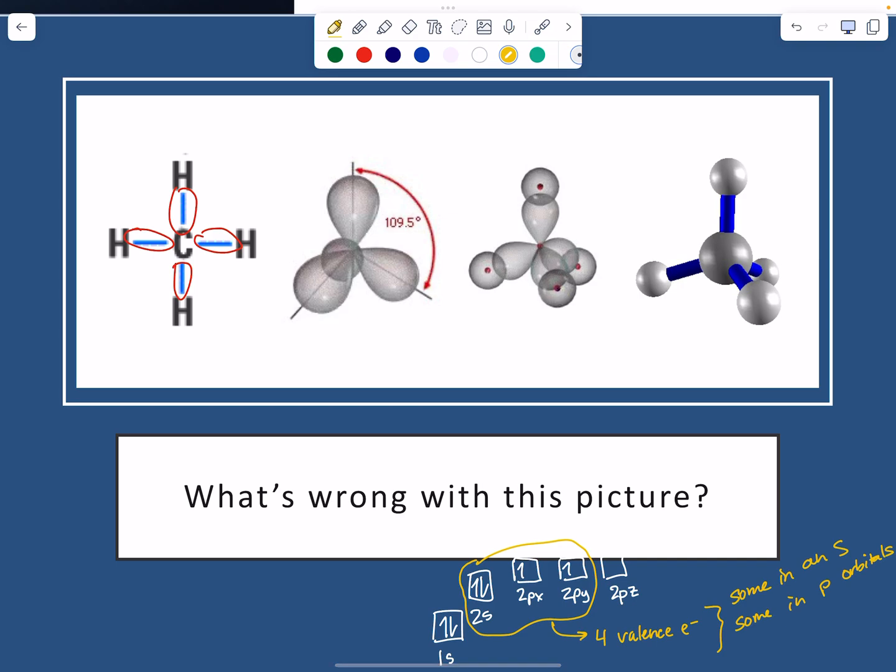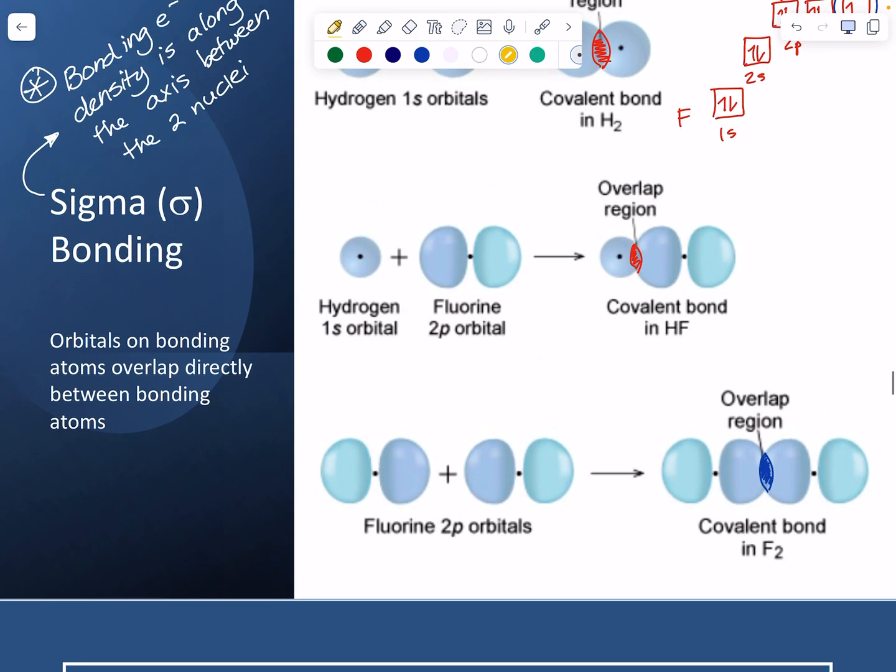So we can't just do this kind of picture where the p orbitals line up and they overlap, because for 2 positions, we would have something like this if we were doing the carbon and the hydrogen bond. But for 2 of them, we would have something like this.